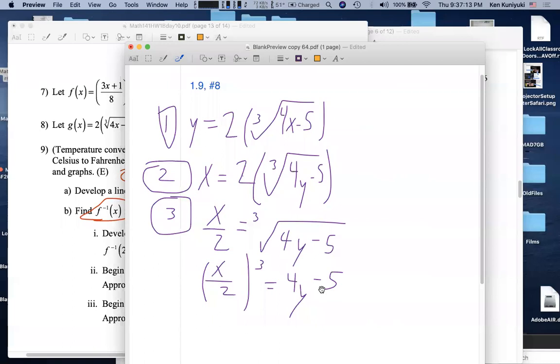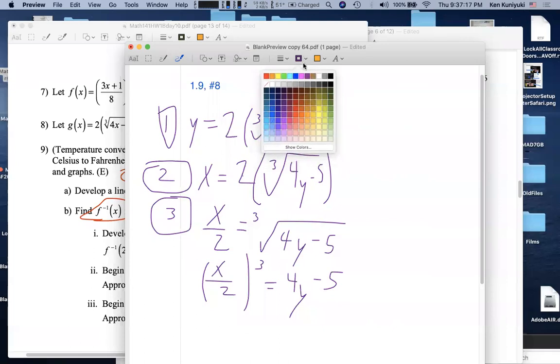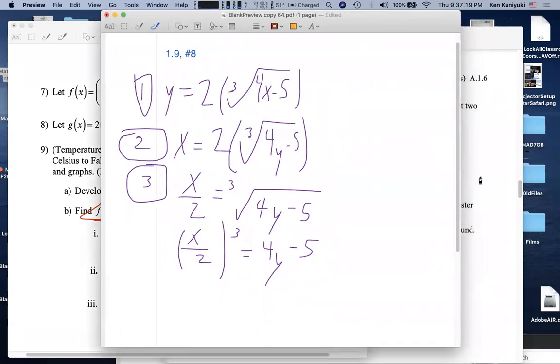And then what can we do to both sides to help isolate 4y? Add 5.